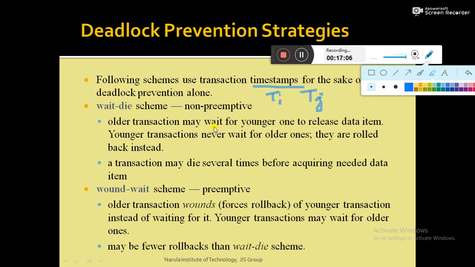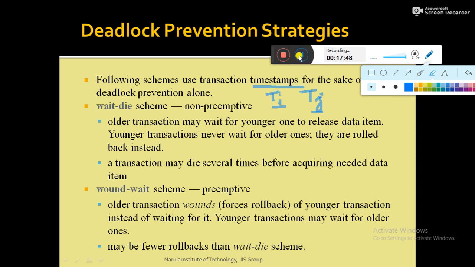Now in the wait-die scheme, Ti is allowed to wait only if the timestamp of Ti is smaller than that of Tj. A smaller timestamp means Ti is the older transaction. So in a simple way, the system will allow the transaction Ti to wait if transaction Ti is older than transaction Tj.